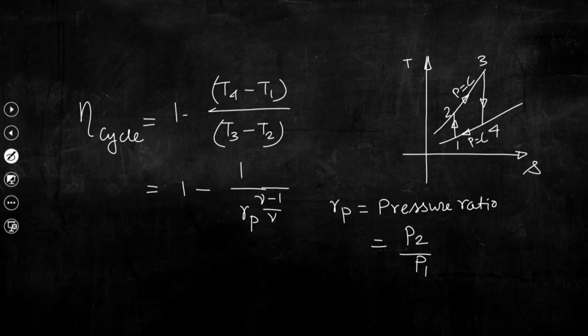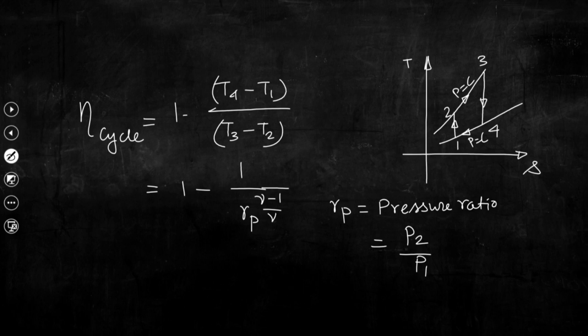Now if we increase Rp, we can see from this expression, which is very trivial to understand, that cycle efficiency will increase.